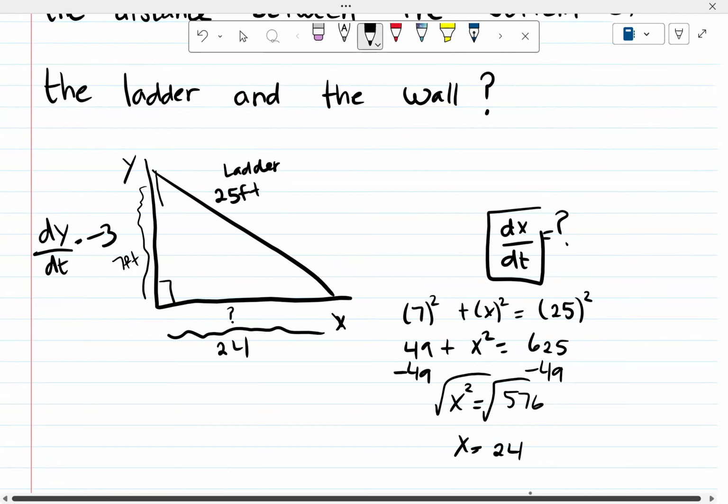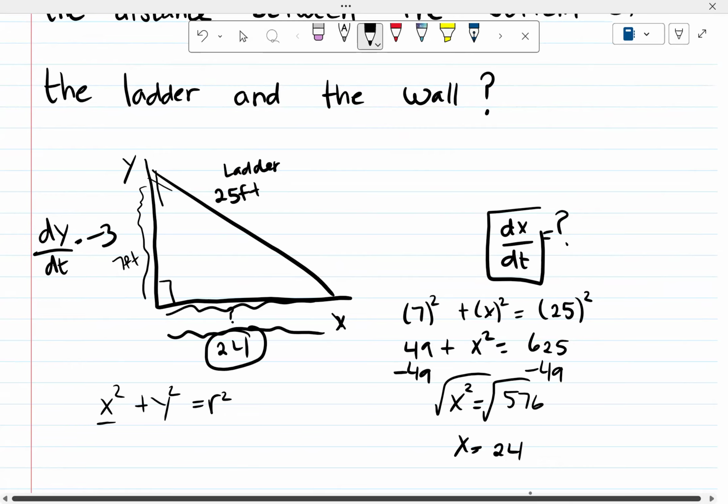Then we also have another equation. We can say x squared plus y squared equals r squared. So this horizontal distance and this vertical distance give the radius, r squared. You'll see why I found this 24 first, because when you do implicit differentiation, what is the derivative of x squared with respect to time?